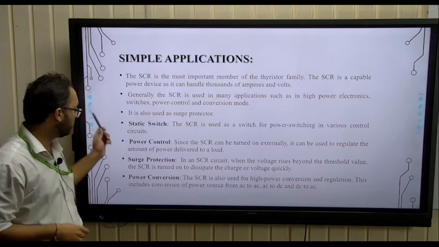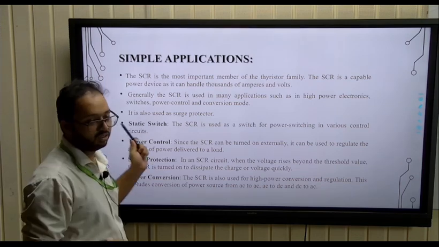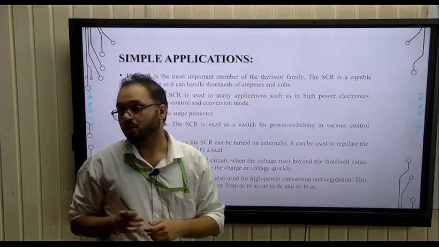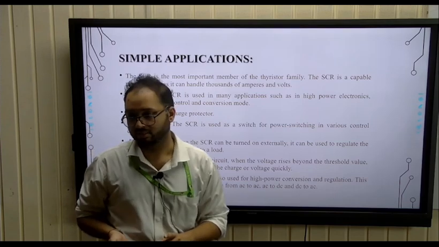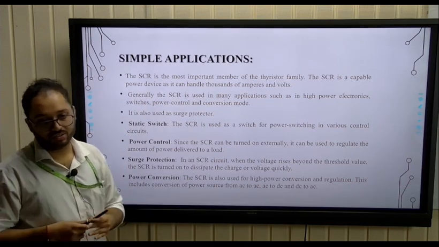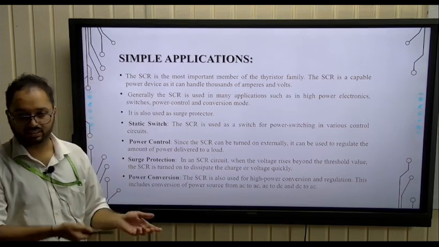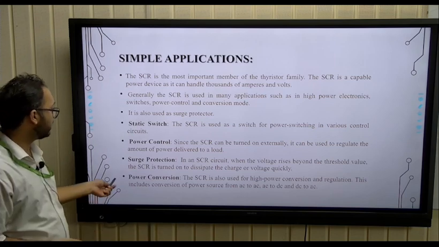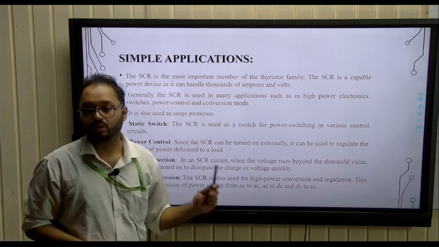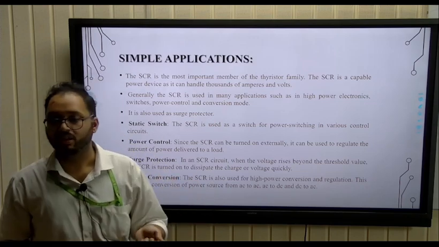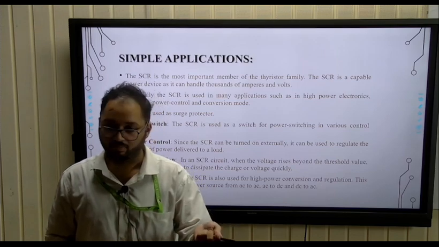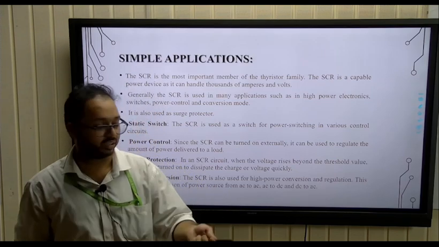Now the next things are static switch. It can be directly switched, and it is static because it is not using any mechanical device. Second is power control. You are using it to control power, as I just said. Surge protection is explained, and power conversion is that you are using it to convert AC to DC, AC to AC, or DC to AC inverters.